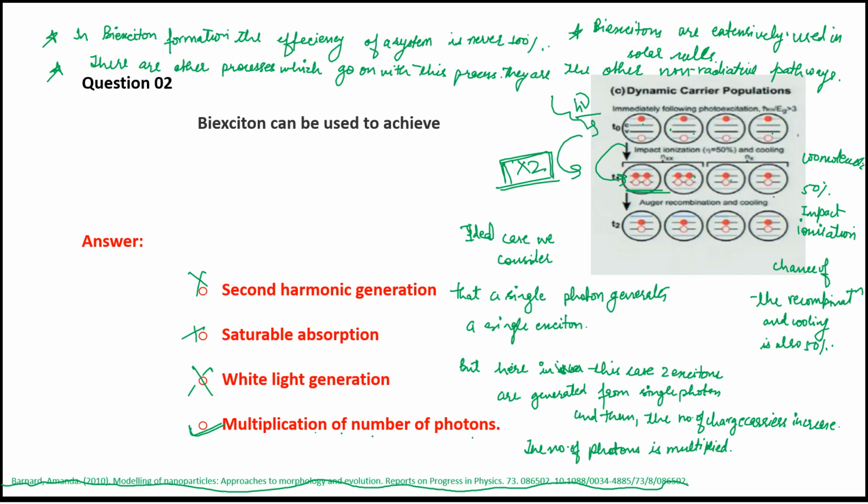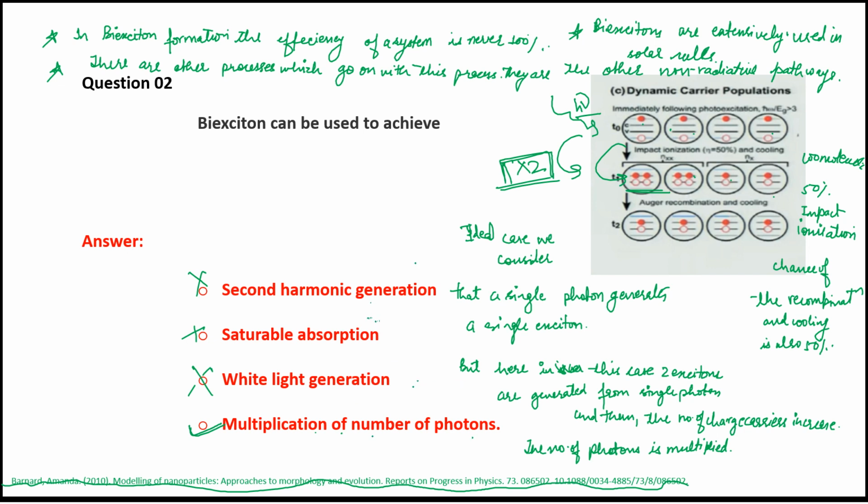But if we consider second harmonic generation, there we consider that the wavelength is reduced to half or the frequency is doubled. But in this case, no change in those happens, although the number of photons increases.